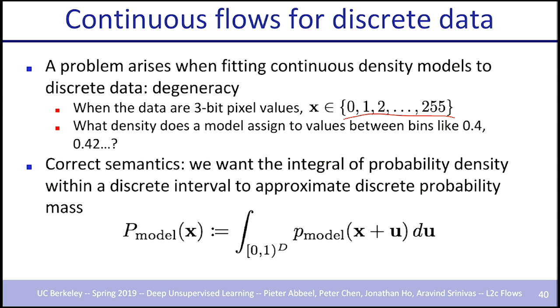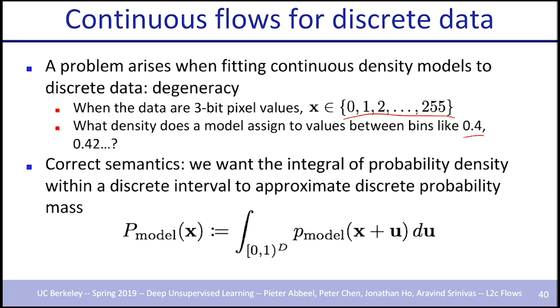Let's say I'm trying to query my model on values like 0.4. This is valid because I'm learning a continuous probabilistic model, and I can query it for 0.4. But what should it output? Should it just output 0? Because there's no data that it observes on a fractional value.